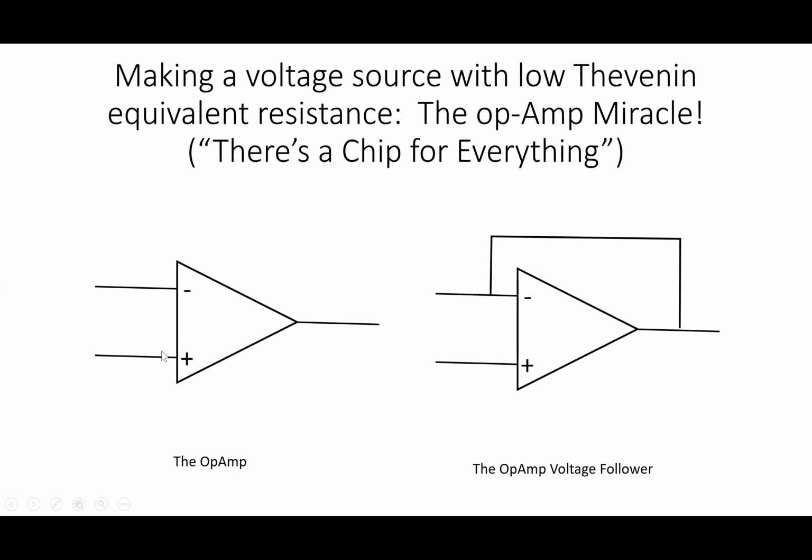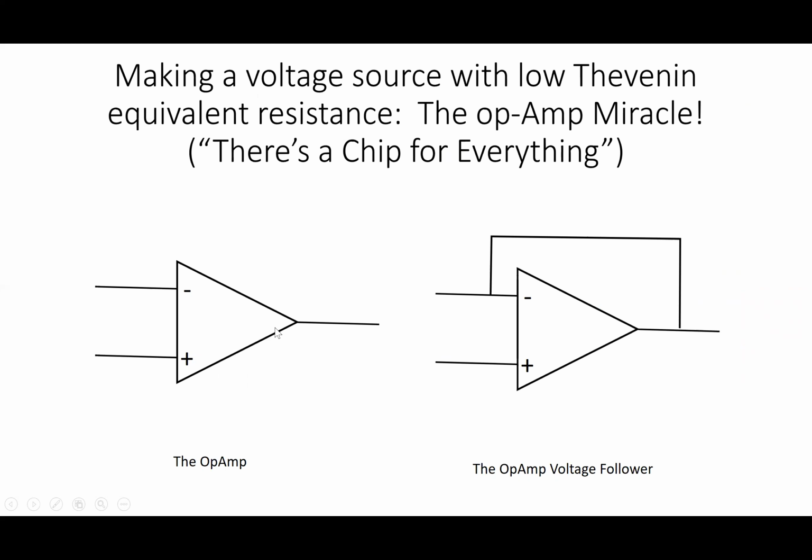Now, a couple of other things you need to know about op-amps. The effective load presented by an op-amp to a source of voltage is really infinite. It draws essentially no current at all. If you get to design super sensitive circuits, you'll start to worry about that aspect of an op-amp, but certainly not in this class.